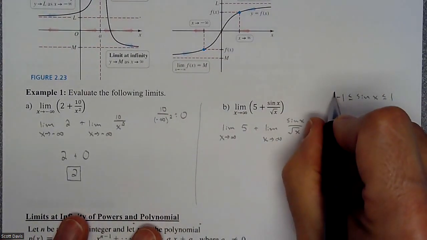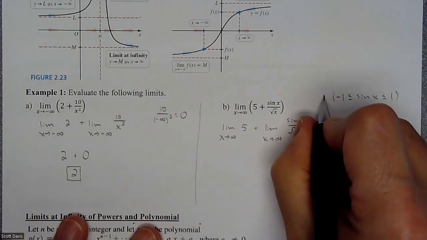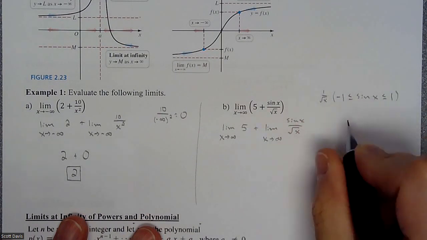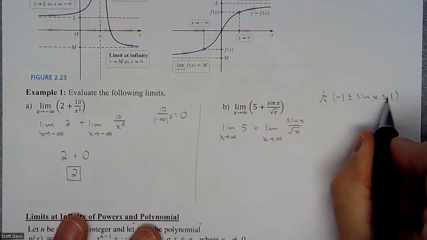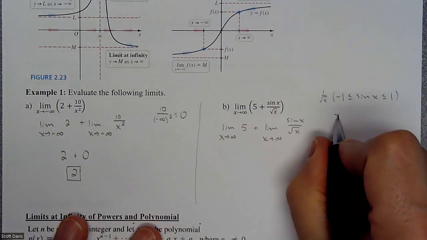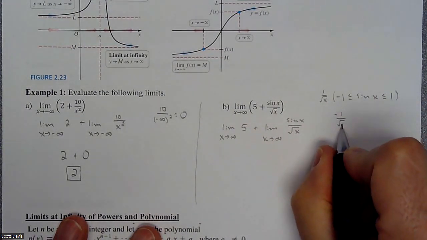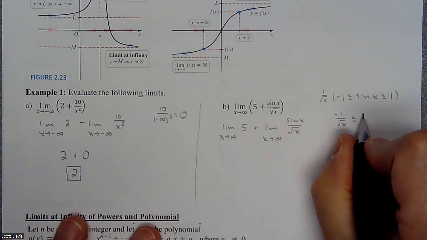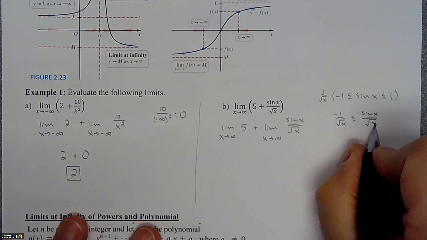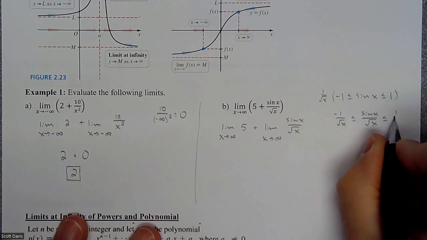So what we'll do is multiply everything by 1 over square root of x, which is really just dividing every single thing by square root of x, because it's in the denominator. So this is going to become -1 over the square root of x less than or equal to sine x over square root of x less than or equal to 1 over square root of x.